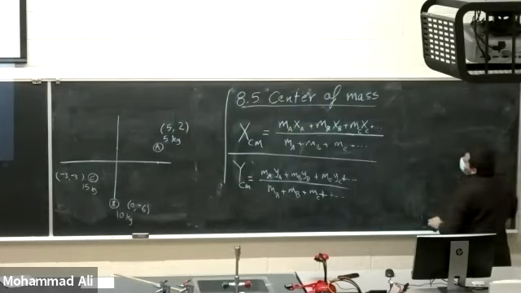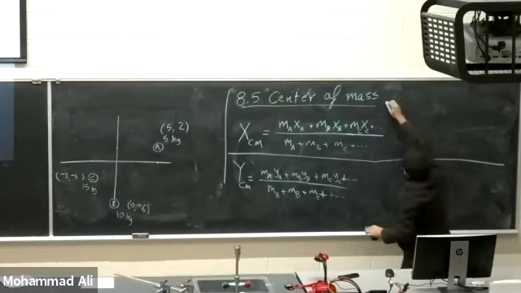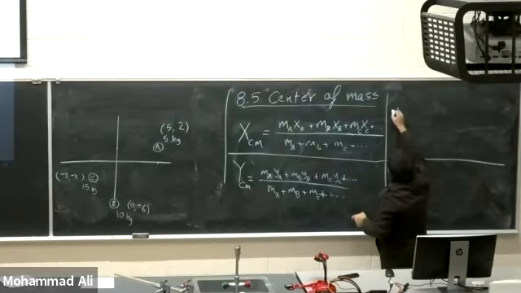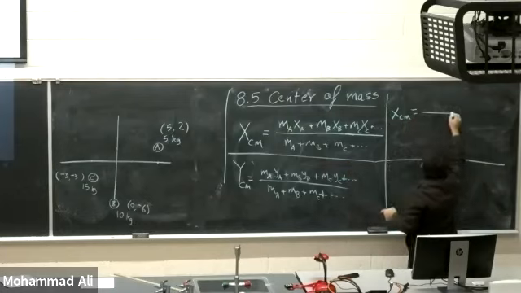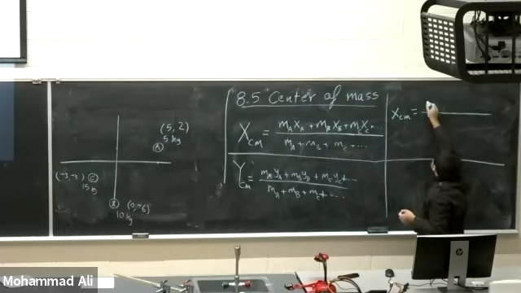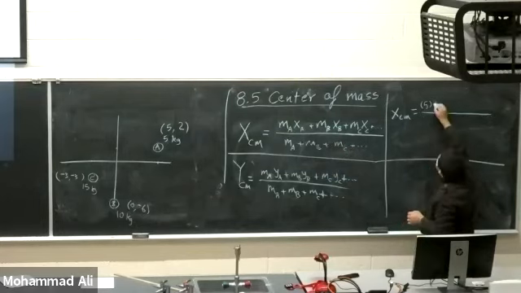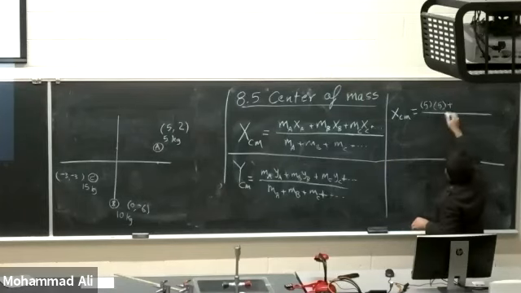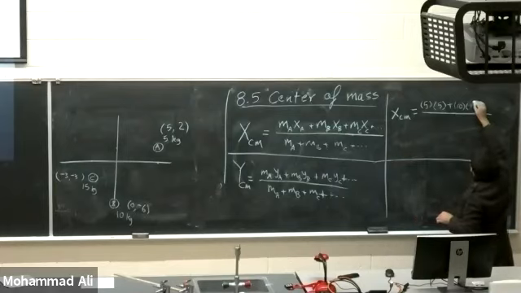Now, let me find the x component for the masses. So x center of mass is equal to, I will apply the numerical values, M_A is 5. Any question, by the way? 5 multiplied by its position. How much? 5. Plus B, its mass is 10, and its x component is 0.